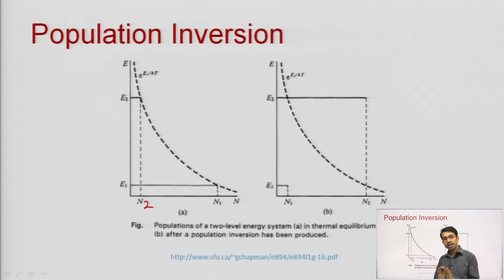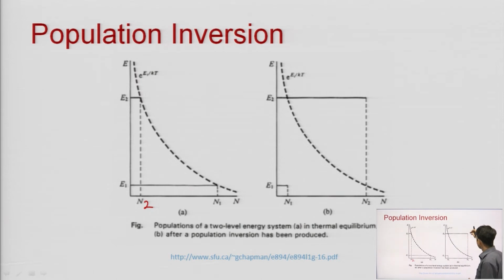When we supply energy using any pumping method, we achieve population inversion. We have supplied so much energy that more electrons from the E1 energy state are excited and have reached the E2 energy state, and we have to maintain this condition by supplying more and more energy by pumping.